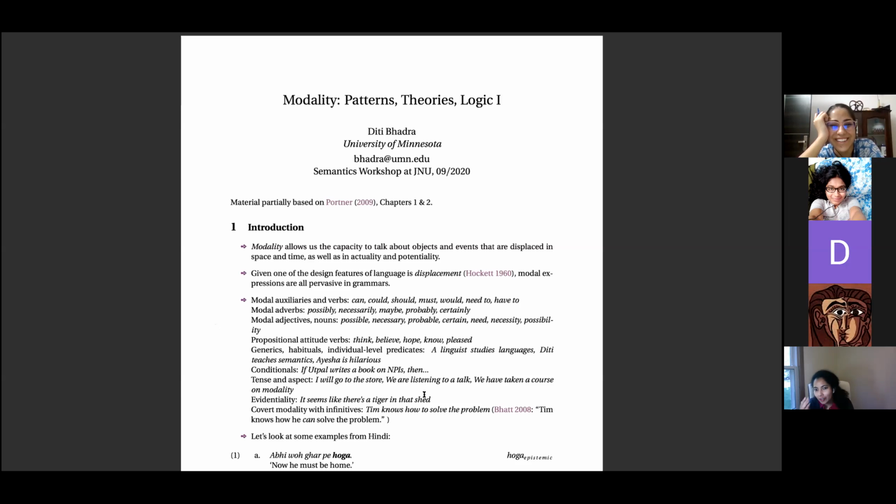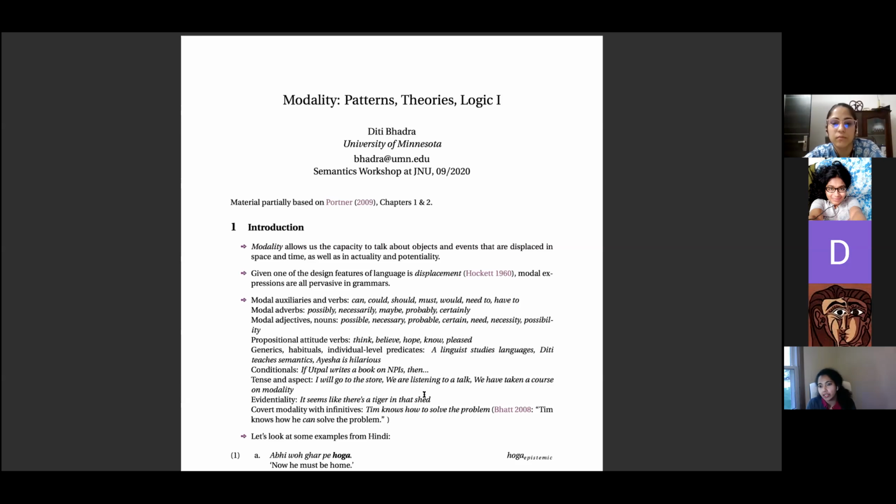Then tense and aspect are known to have modal flavors, especially the future will. Then people have work on progressives also having modal properties, and perfect aspects having modal properties. These examples are there. Then there is the whole phenomenon of evidentiality, which has different degrees of modality.